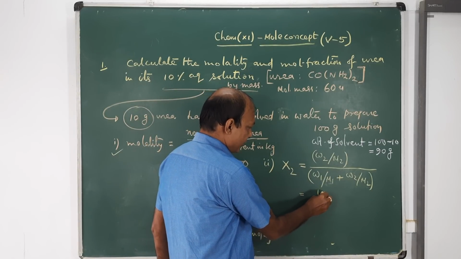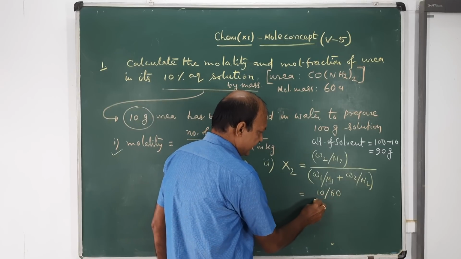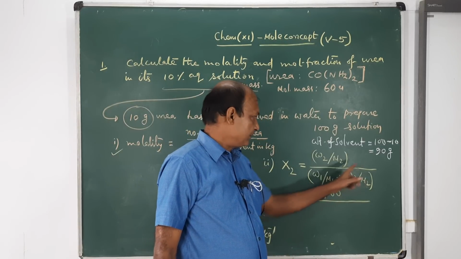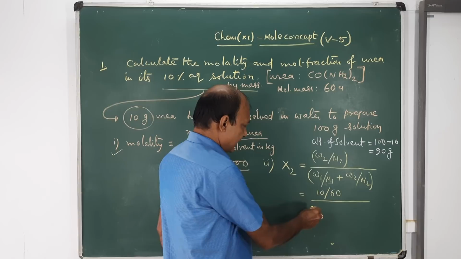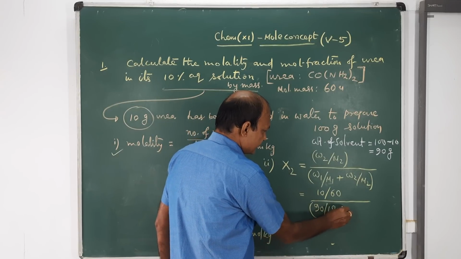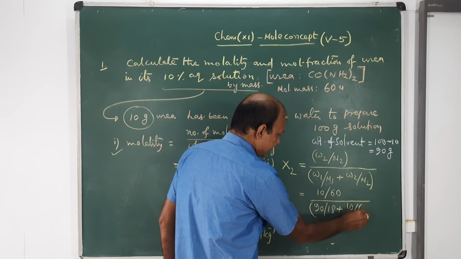W2 is the weight of urea, 10 gram given, and molar mass of urea is 60. Here W1 is the weight of the solvent, 90. So 90 by the molar mass of water, 18, plus W2 by M2, 10 by 60.